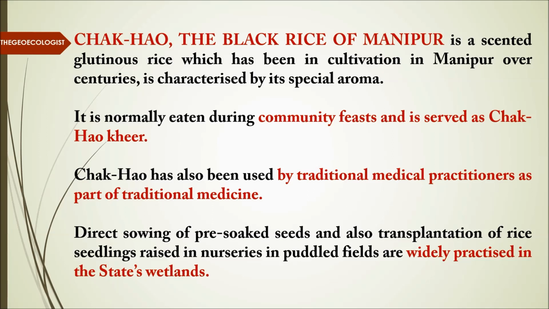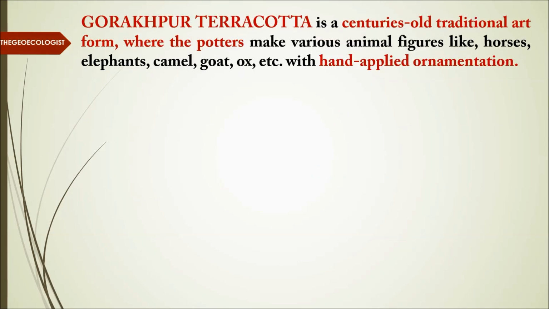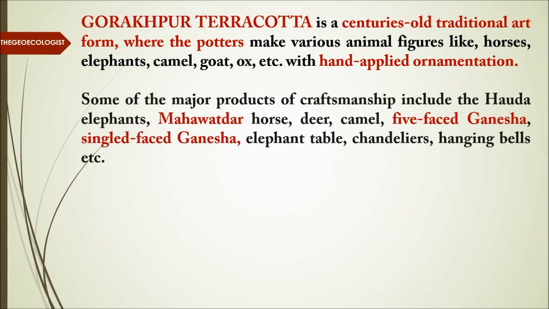The third and last, Gorakhpur terracotta, already very famous, a century-old art, and it is famous because it is entirely hand-applied ornamentation. Figures like horses, elephants, see, various kinds of horses. Mahatwadar horse, deer, camel, five-faced Ganesha, single-faced Ganesha, chandeliers, hanging bells.